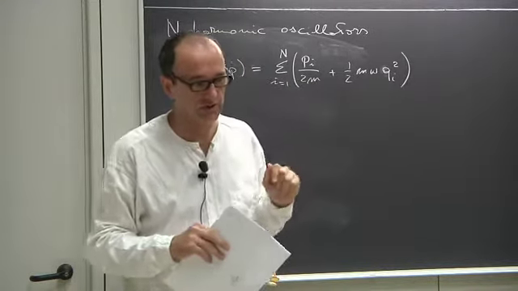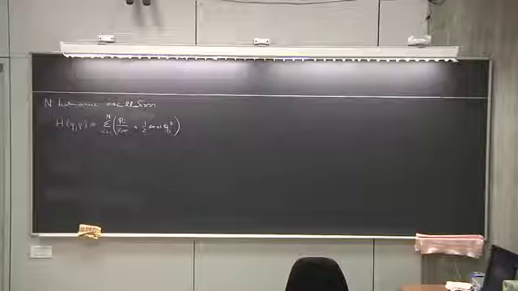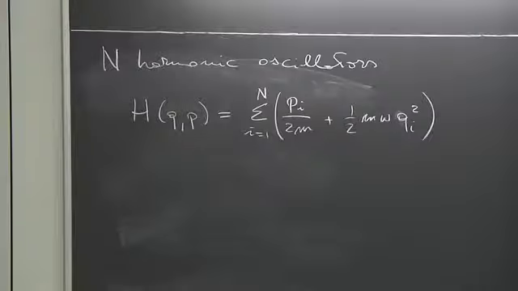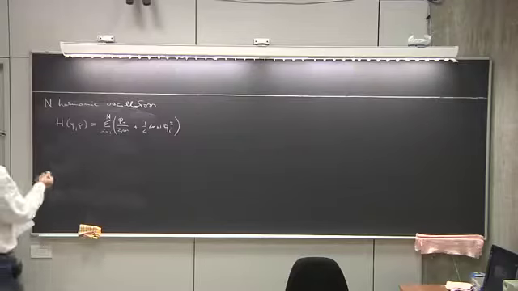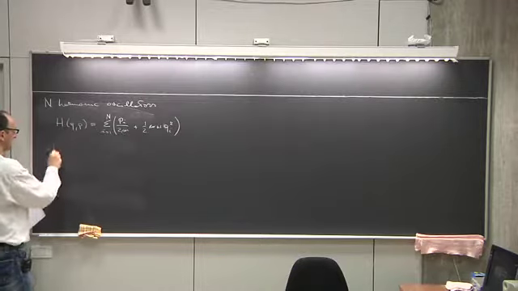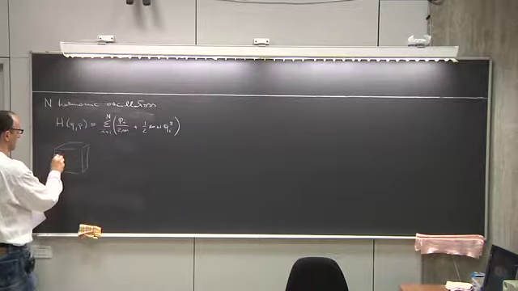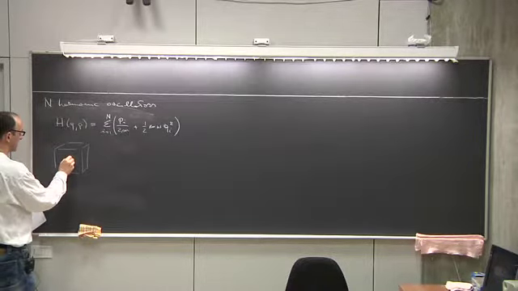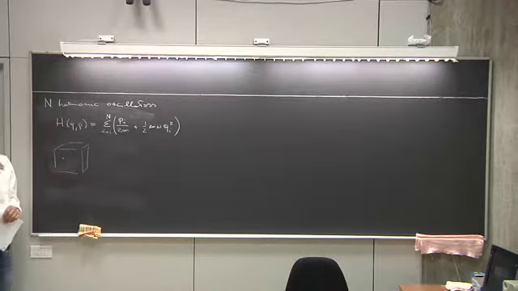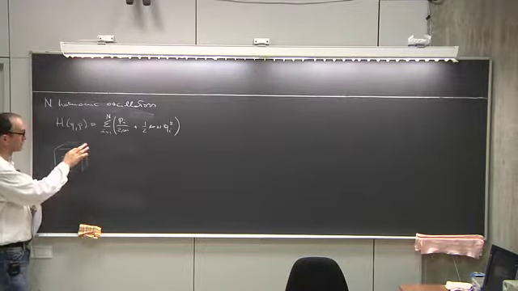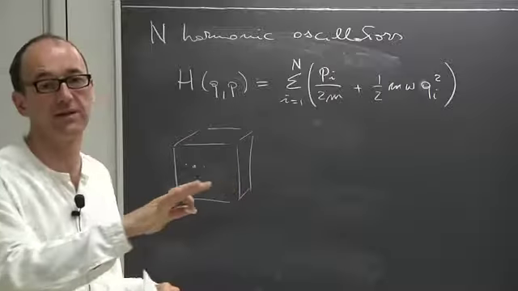Okay, so we think this is a very, very stylized model of vibration in a solid. In a solid you have atoms which sit on regular positions and they fluctuate around their equilibrium positions. And in this model we also assume that they fluctuate completely independently.